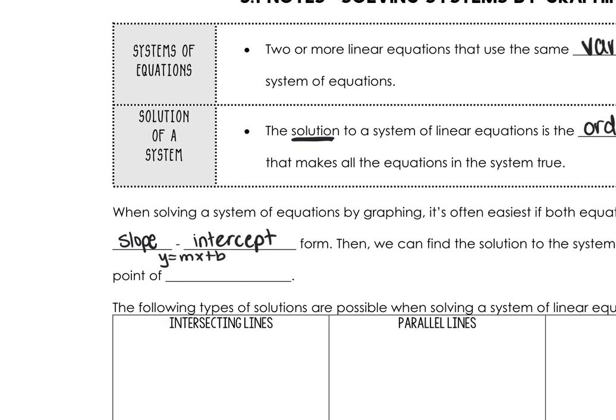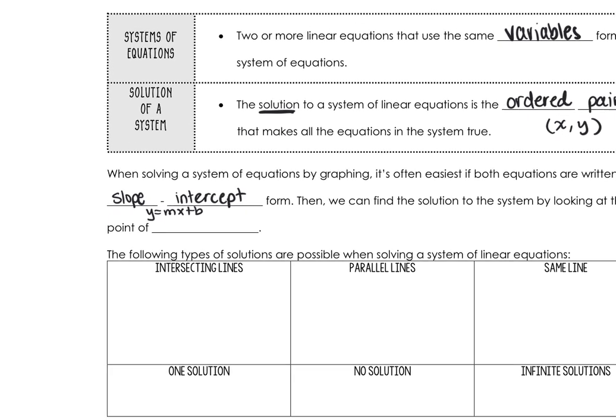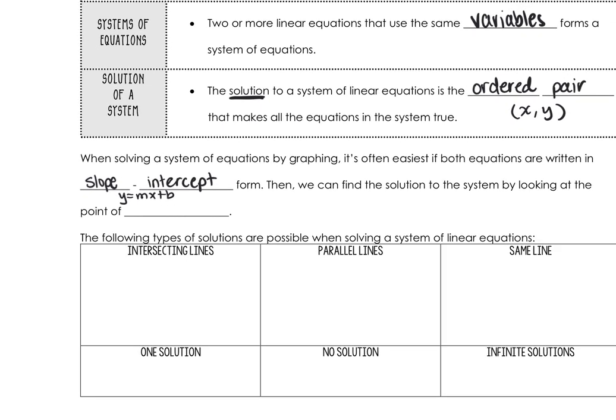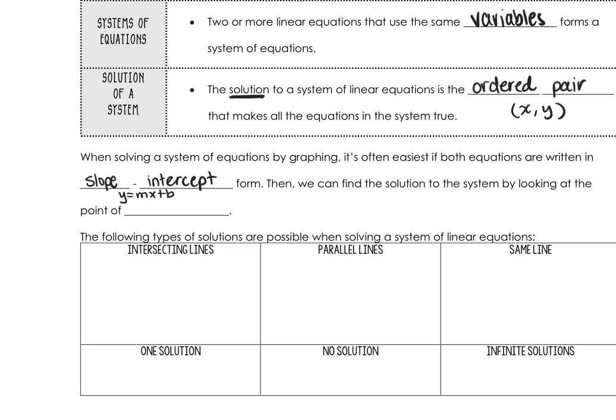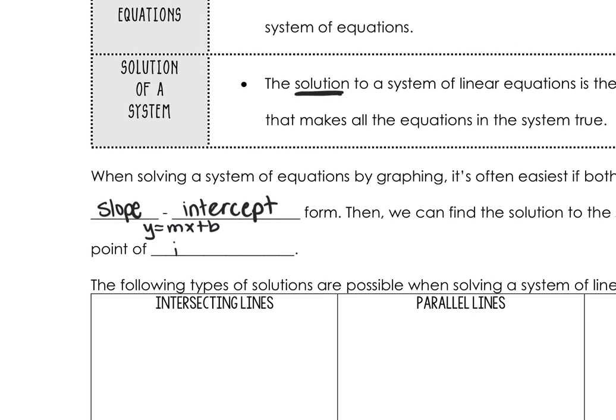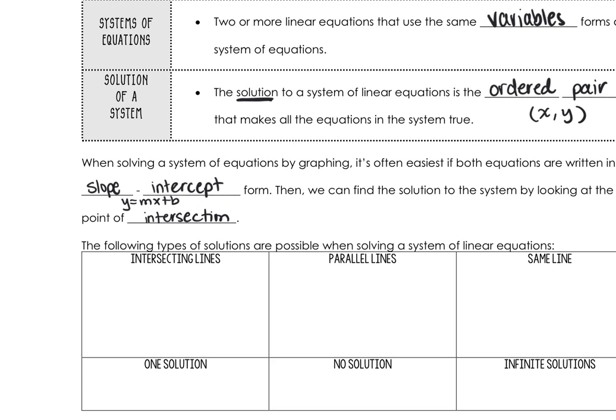So we make sure both equations are in that form, and then we can find the solution to the system by looking at the point of intersection, the point where our lines cross, where they intersect one another, the point that they both share. All right?